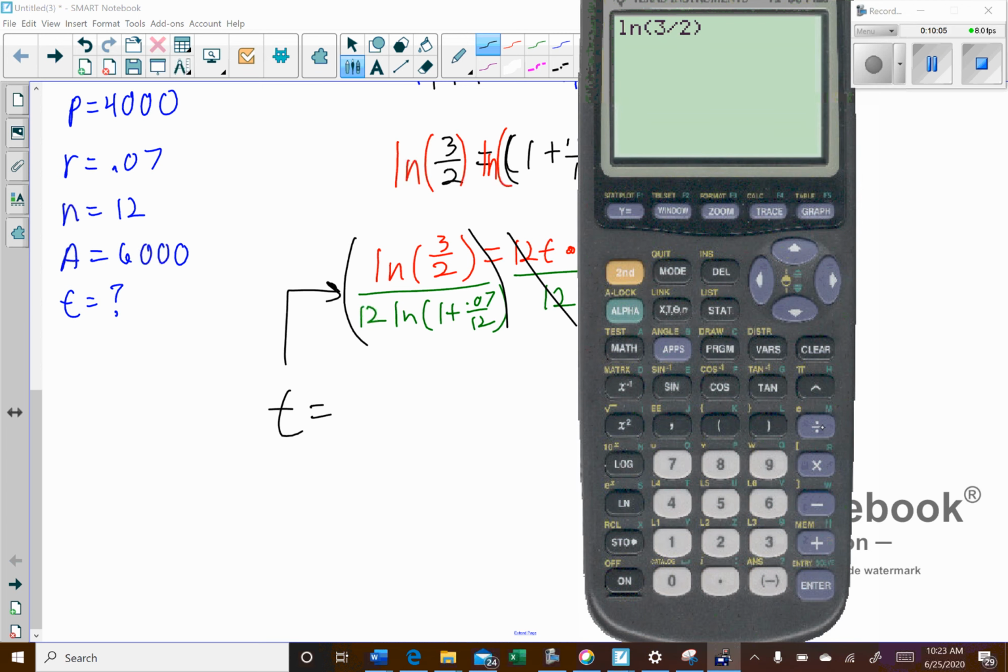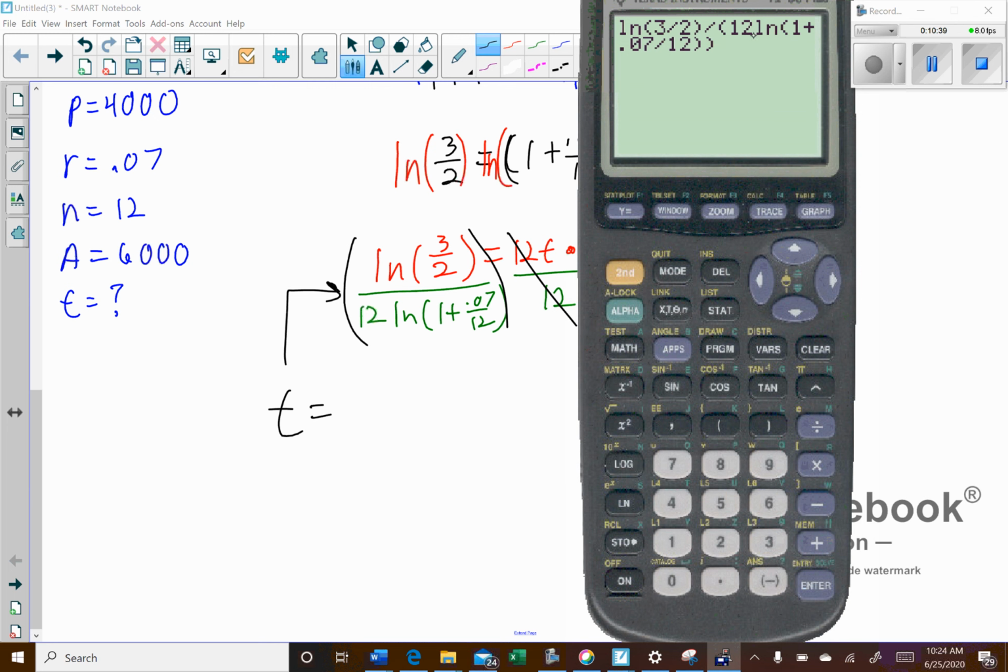Now, when I divide, I want to open a parentheses and then put the 12, and you can put times if you want to, but you don't have to. Just type natural log of 1 plus 0.07 divided by 12, and then close. So I had to open up parentheses for my denominator and then close it at the end. I had two at the end because I opened a second set for my natural log.